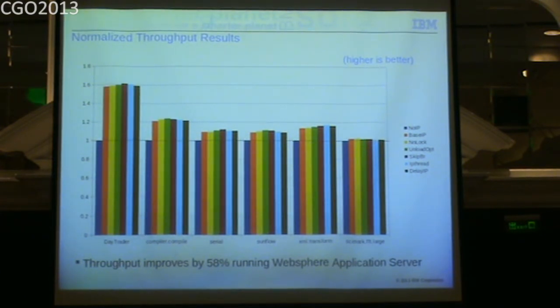Again, each bar represents a cumulative application of each optimization technique. So you can see that WebSphere improved by nearly 60%, and we didn't regress the throughput.